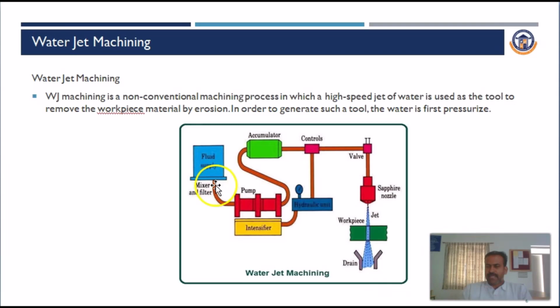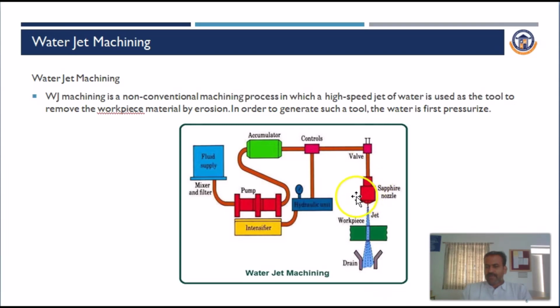Then the pump sends the water from the fluid supply unit to the accumulator. After that, the water is sent from the accumulator to the control unit. The control unit decides how much water is sent to the nozzle. After the control unit, the water is supplied to the valve, and then again to the nozzle.